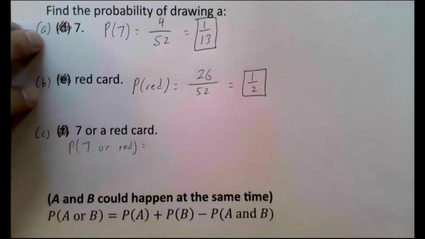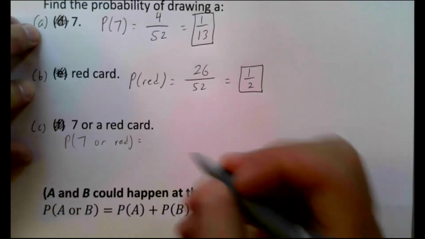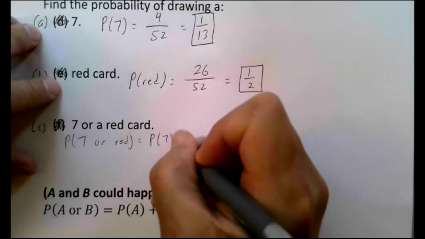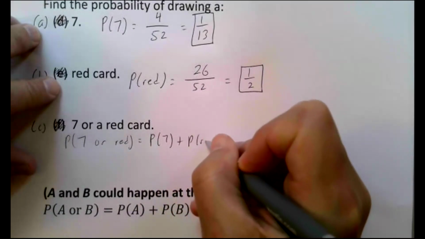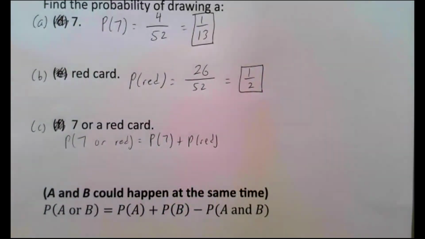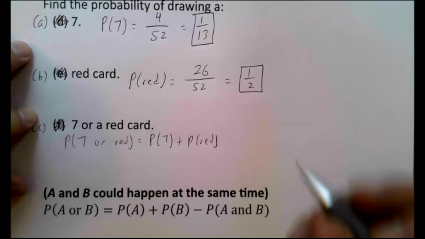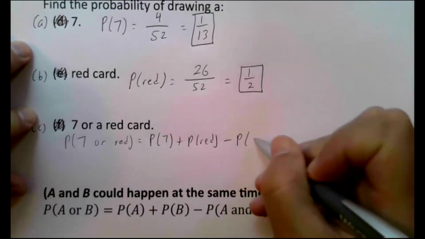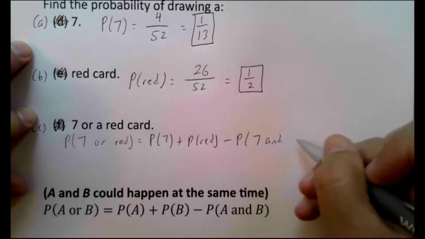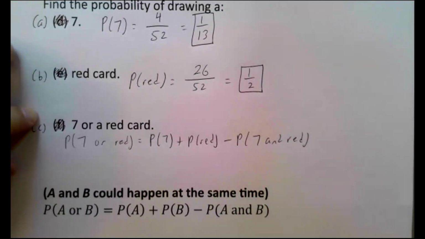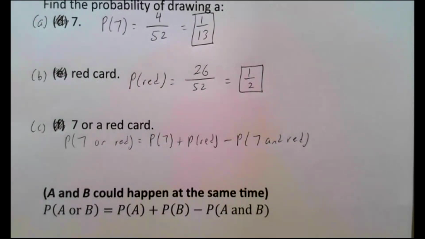According to the formula, we can start with that, but that's not our final answer. It says something about subtracting the probability of maybe the card being 7 and red at the same time. So let's go through it. Let's try to understand the formula, understand why we're subtracting it there.